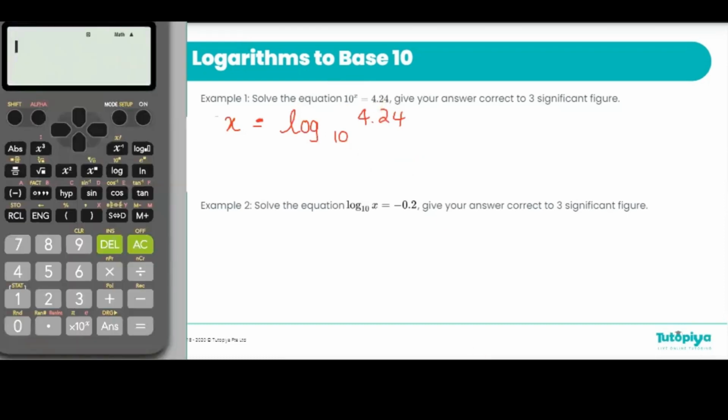So we're going to get the log to the base 10 of 4.24. This is read as log 4.24 to the base 10. Using a calculator, we can get this answer. Because the question has specified that they want the answer to 3 significant figures, this is going to give us the answer of 0.627, correct to 3 significant figures. So I'm going to say to 3 SF there.